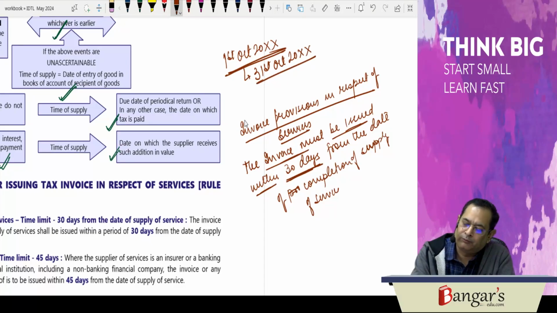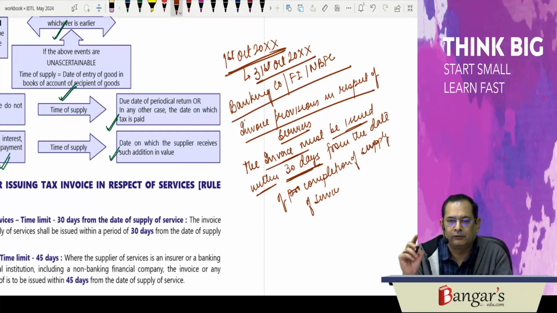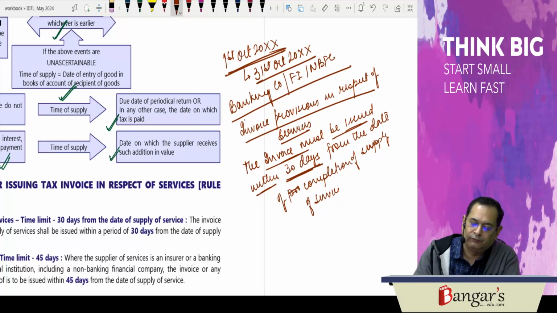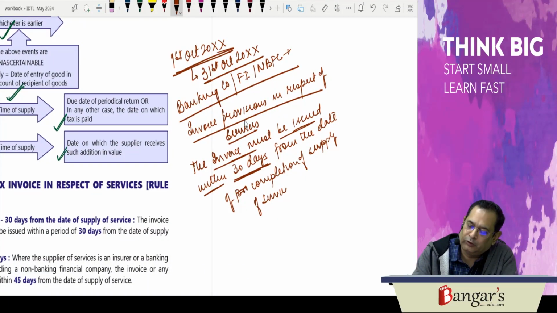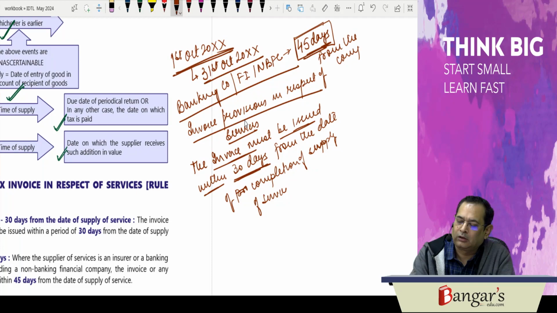But in case of banking companies, financial institutions and NBFCs, the invoice must be issued within 45 days from the completion of supply.